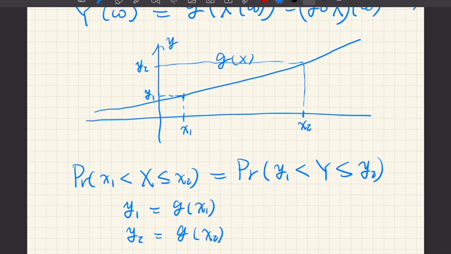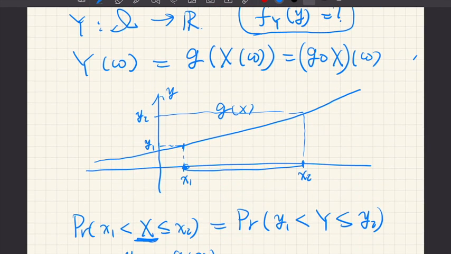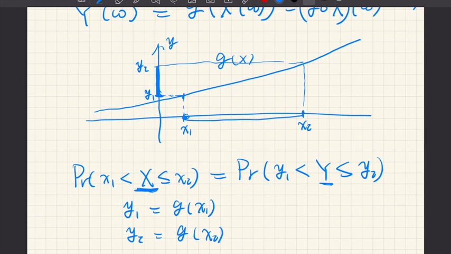Okay, so if the random variable x is between this interval, then by definition of y, the random variable is between this interval, right? And their probability should be identical because, okay, how should I write this?